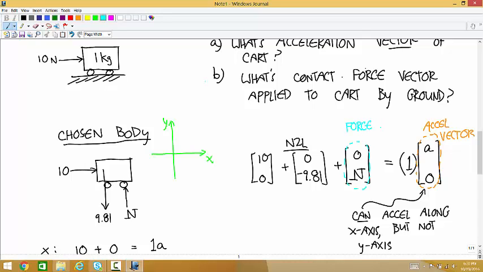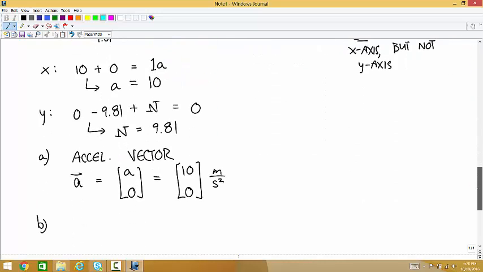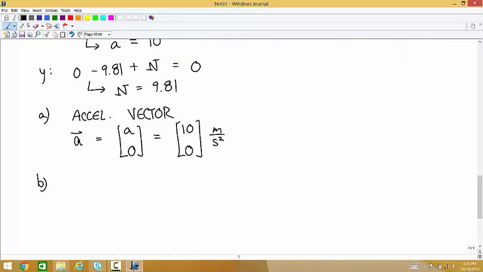That's the force on the cart by the ground. So that's equal to 0, n. Plug in the n value and you get 0, 9.81. And force has SI units of newtons.